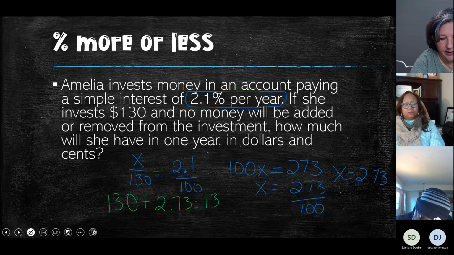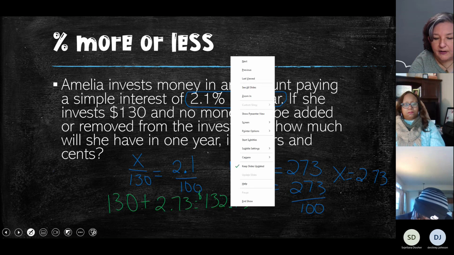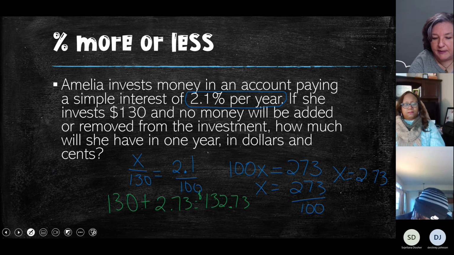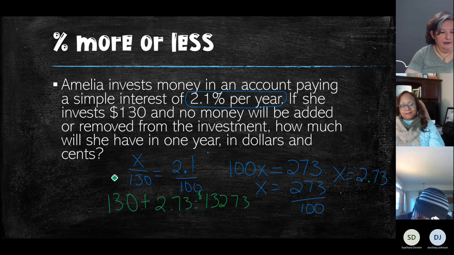So she'll have 132.73. She can go buy some eggs now. Okay. Does that make sense? Yes. Okay. Just have to practice.